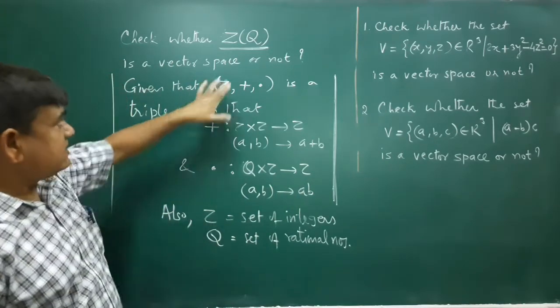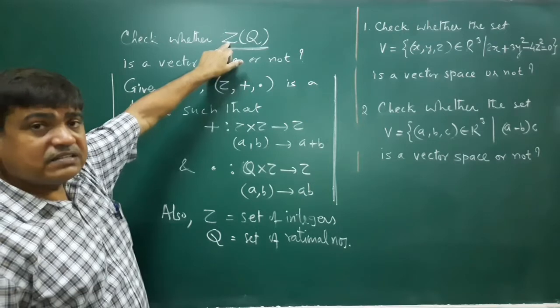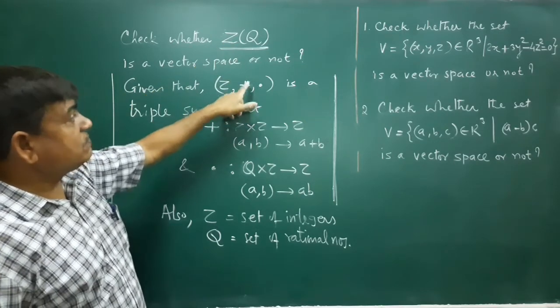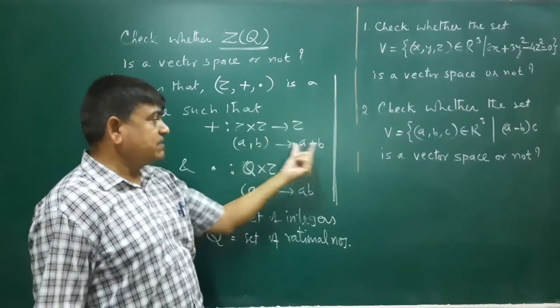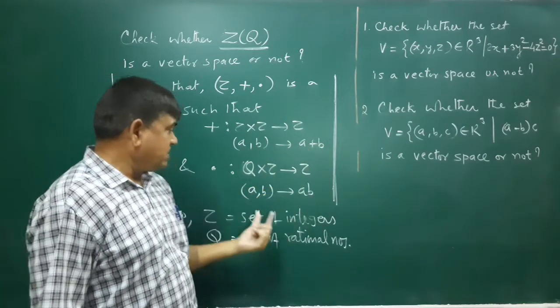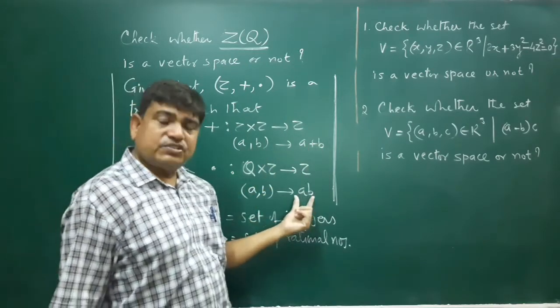So here Z is the given set. These two compositions are defined. Ordinary plus means the image of this one is given by this rule. Image of this one is given by this rule.